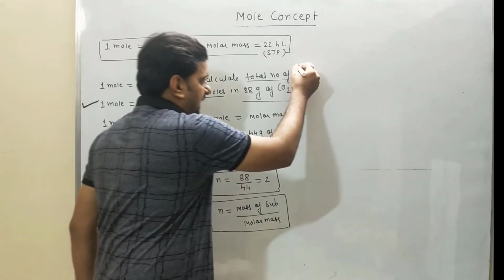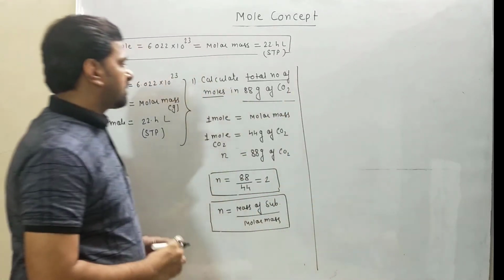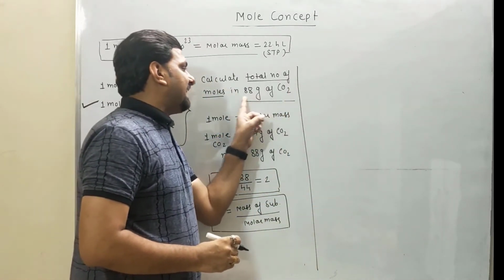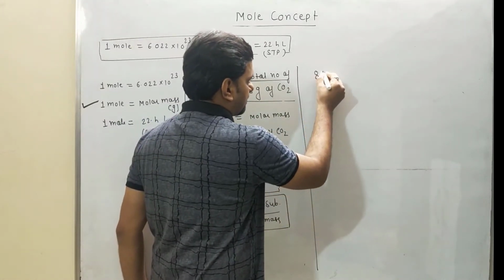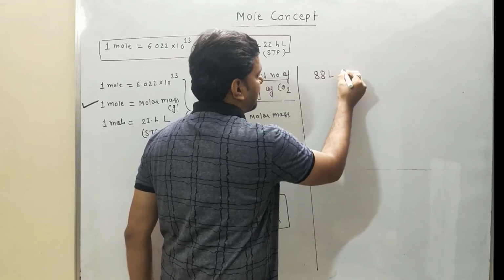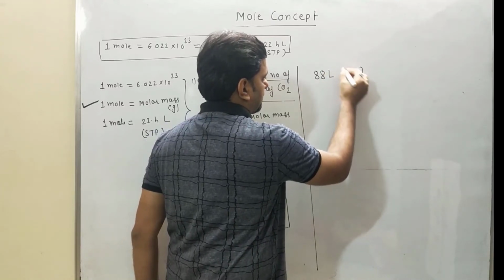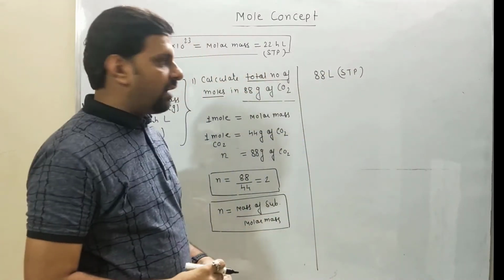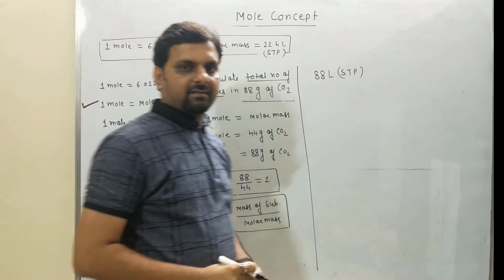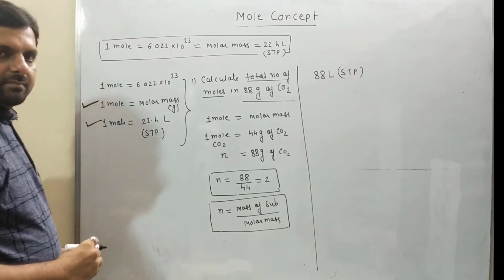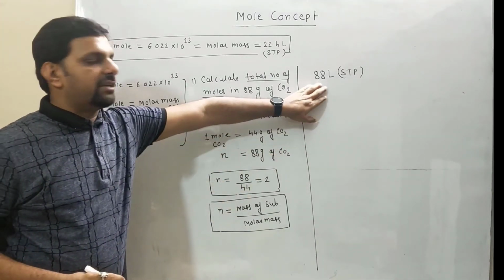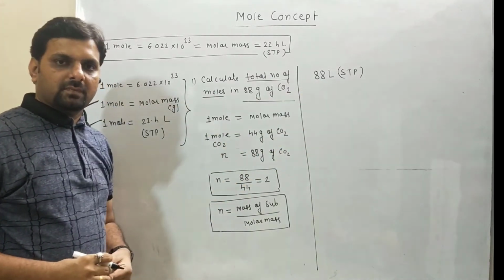Okay. Similarly, suppose instead of 88 gram they have mentioned 88 liter at STP. So now they have given 88 liter. So I will use this relationship. Clear? Because they have given volume. Okay.